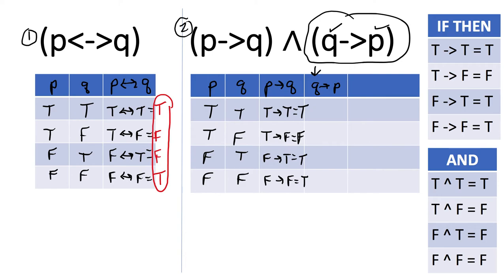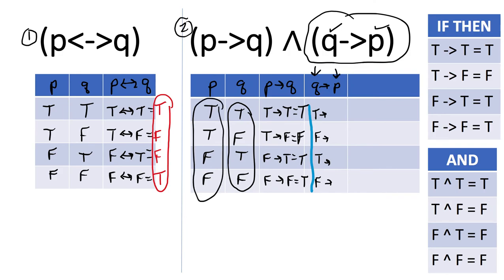So underneath the Q, I'm going to copy the Q values. So T, F, T, F. Just draw a line right here so I don't get confused. All right, now I'm going to do the arrow. And I'm going to copy the P values.